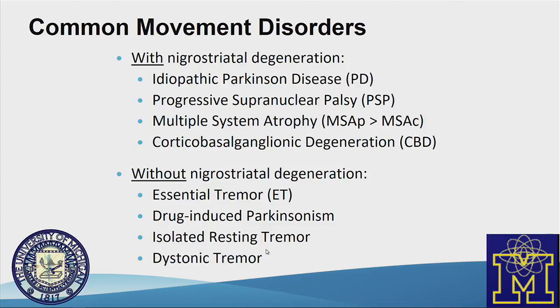Isolated resting tremor, which is a Parkinsonian variant but does not progress to develop bradykinesia and rigidity. It's simply the rest tremor of Parkinson's. We don't really understand it very well. And those patients who have tremor because of dystonia, so if they have limb rigidity unrelated, they can have a propagation or a tremor that can be difficult to separate sometimes.